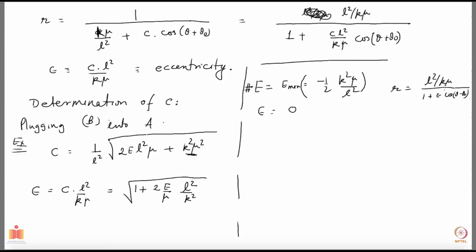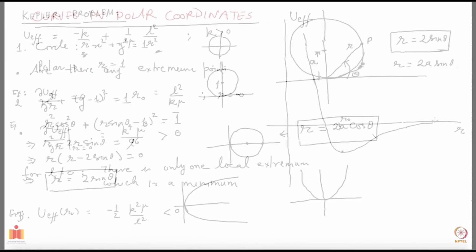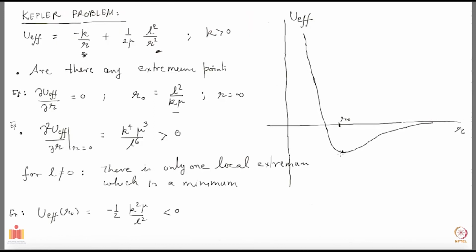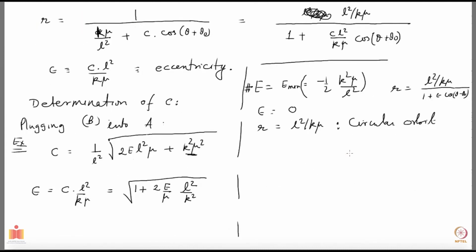It's a constant, meaning you have a circular orbit. Which is consistent with what you already knew. You knew that if energy is equal to U effective minimum, then there is only one value of R which is allowed. So your particle mu is moving in a circular orbit, which is what you have got here. It confirms that the algebra we have done is correct.